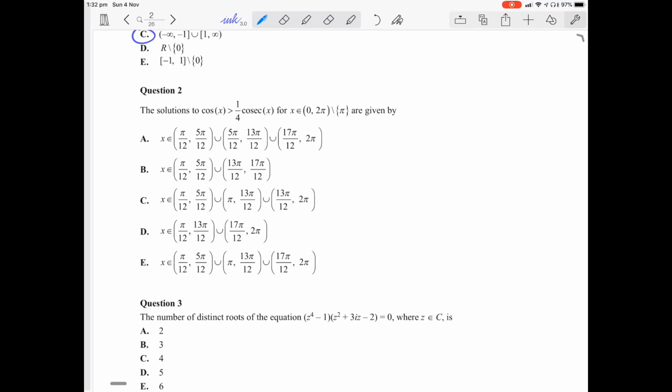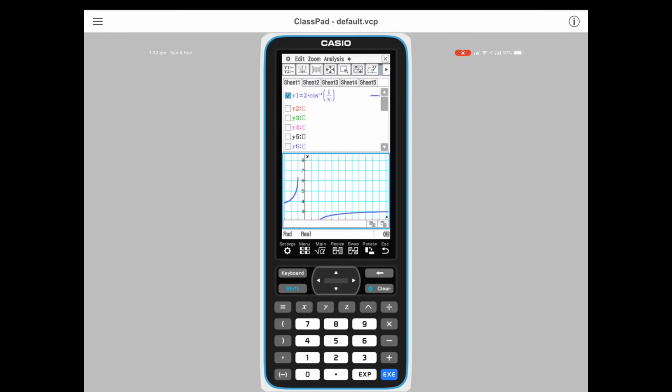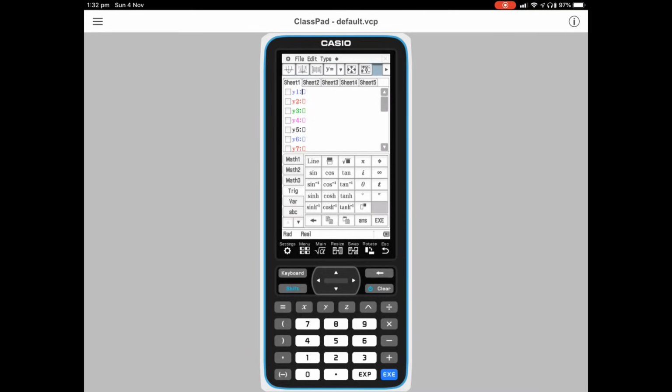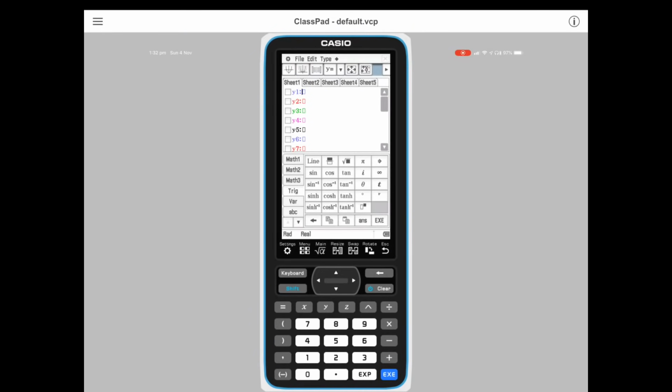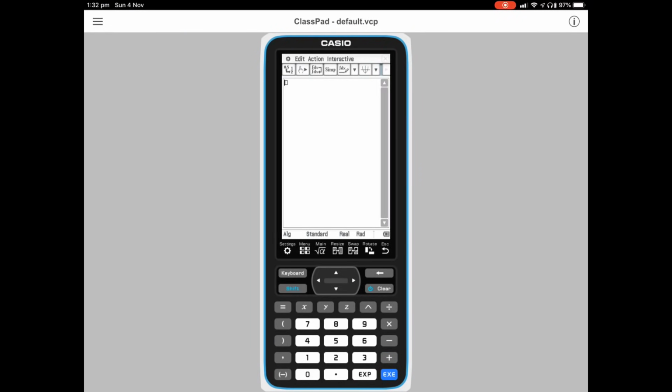Okay, the solutions to cos x greater than 1 on 4 cosec x. I don't think it'll work out on the calculator, but we can just test it. Cos x is greater than 1 on 4 sine x.